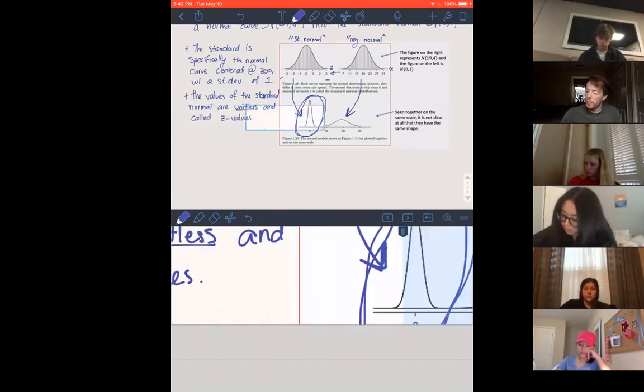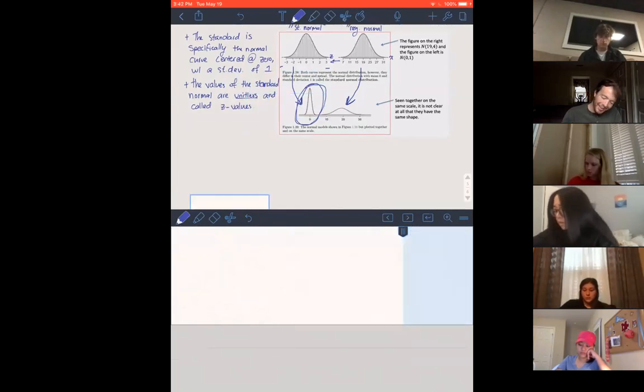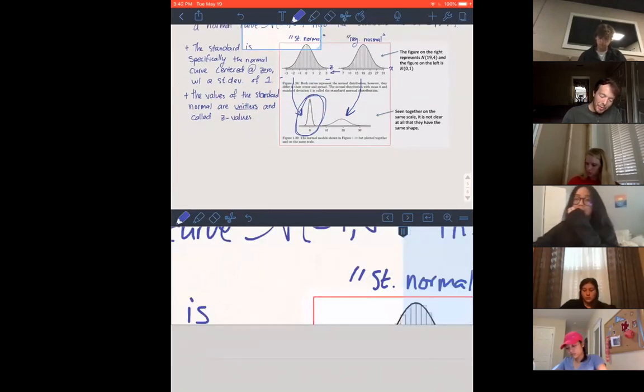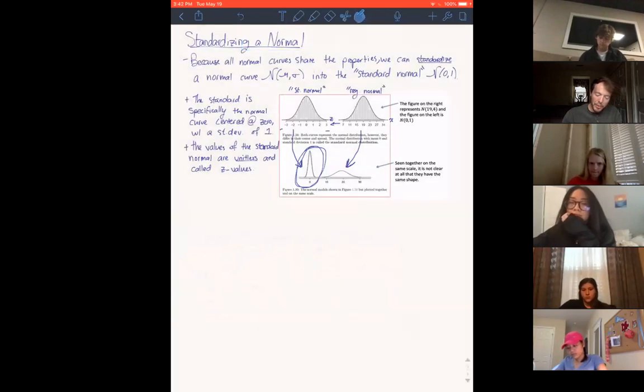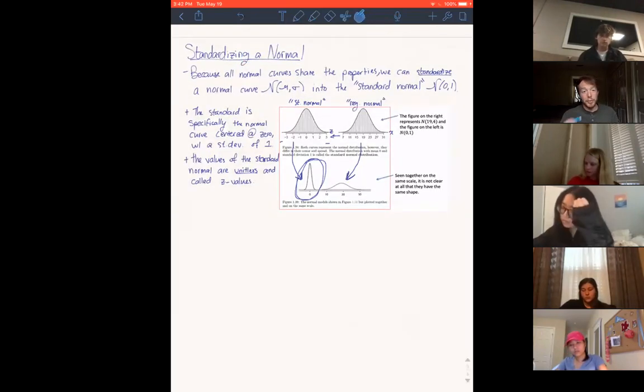Okay, so this was a lot. What I'm sharing with you now is a theoretical understanding of this new idea, a very specific normal curve. It is a normal curve where mu is 0 and sigma is 1.